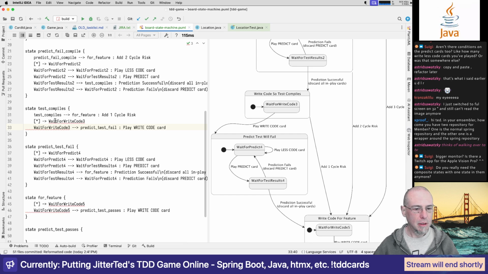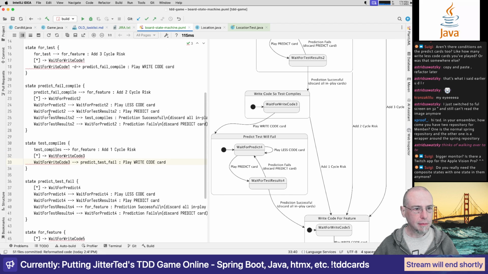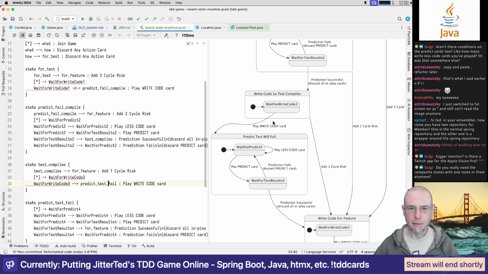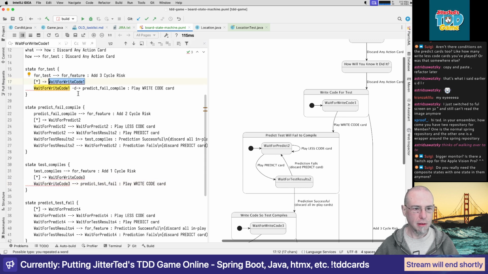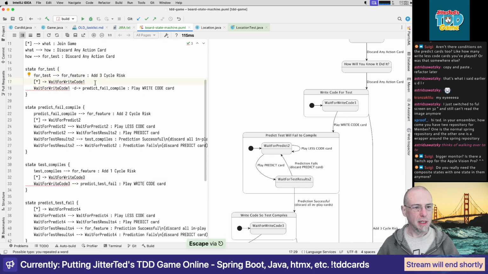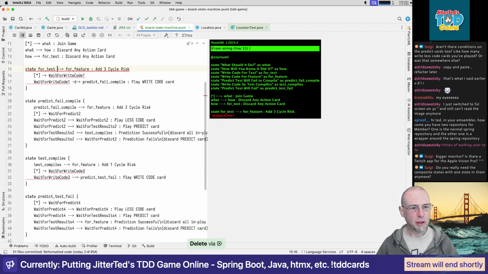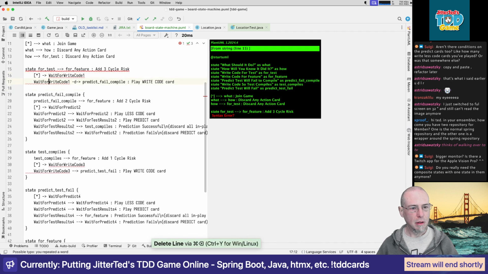So let's start with this one. So write code for test 1. We don't need the subtest. So it's for test. And so you basically go to for feature by adding cycle risk.